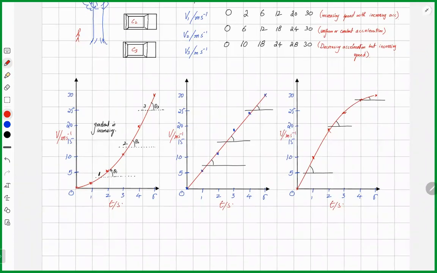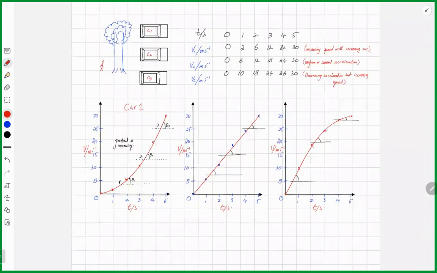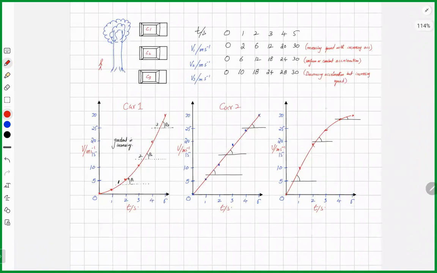So on y-axis, we have speeds, and we can see that this is car 1, car 2, and car 3. And we can see that in the first car, we have an increasing gradient. That means it is an increasing acceleration.